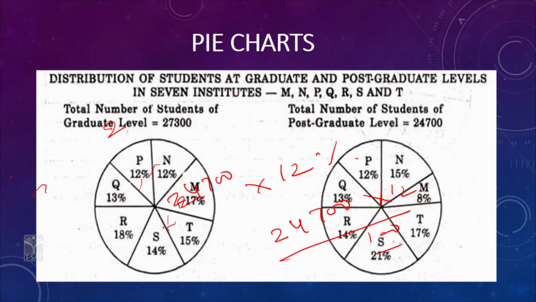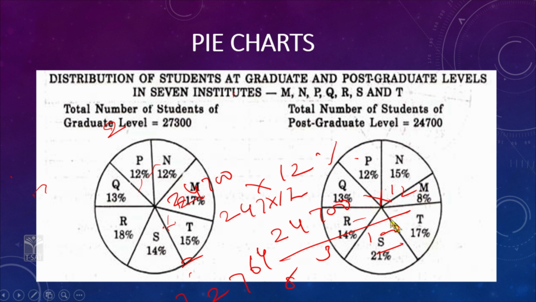The 100 gets cancelled, so simply 247 times 12: 12 sevens are 84, 12 fours are 48 plus 8 is 56, 12 twos are 24 plus 5 is 29. So, 2964 students admitted in institution P. Like this, you can calculate how many students got admission in institution P.